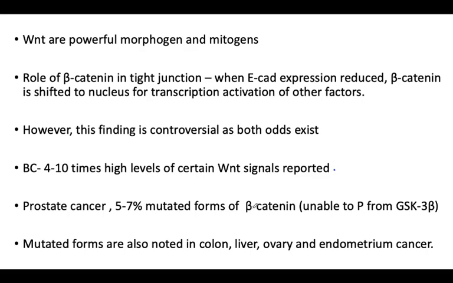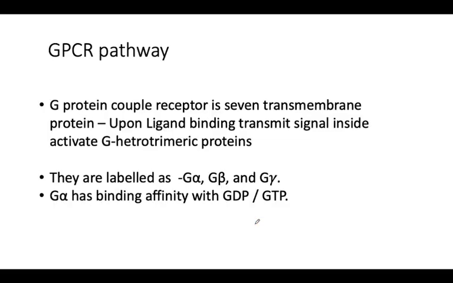This mutated form of beta catenin is unable to be phosphorylated by GSK3 beta, which means it is unable to be degraded and its active form remains active inside the cell for persistent proliferation and growth. These mutated forms are also reported in other cancers: colon, liver, ovarian, and endometrium cancers.